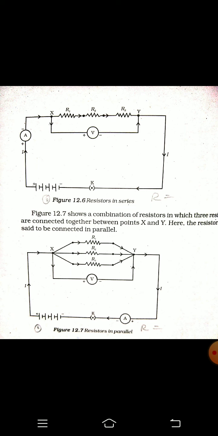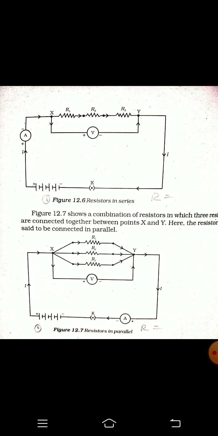This is an electric circuit of combination of three resistors. You can see in the circuit there are three resistors which are R1, R2 and R3. How are they connected? You can see in the figure that they are connected end to end, which means they are in series.